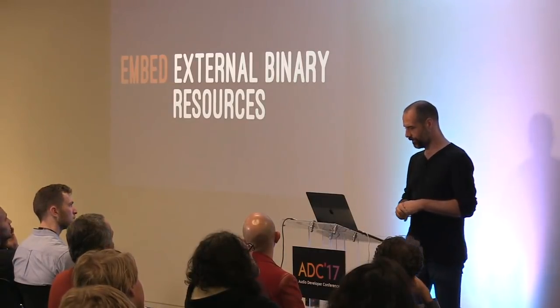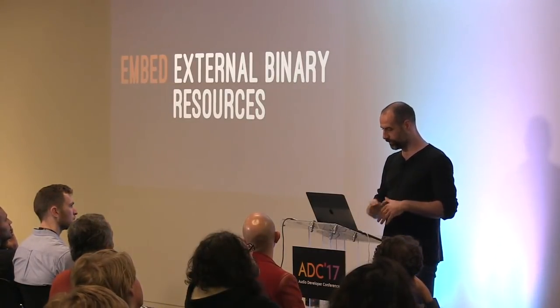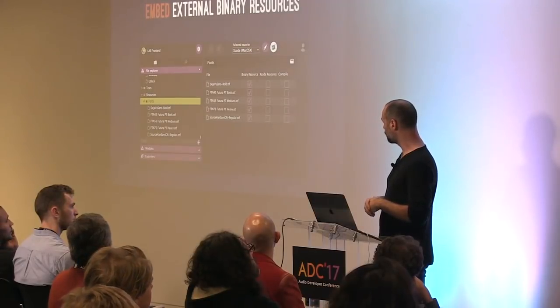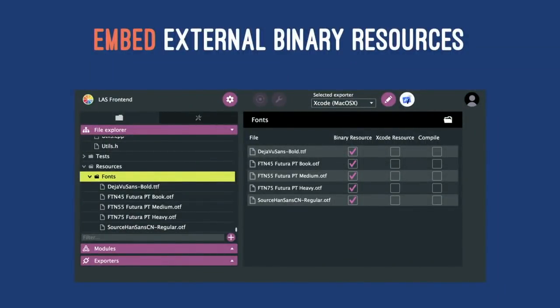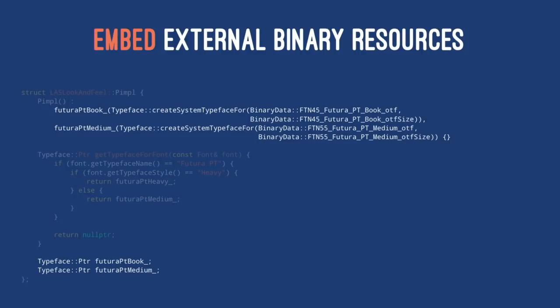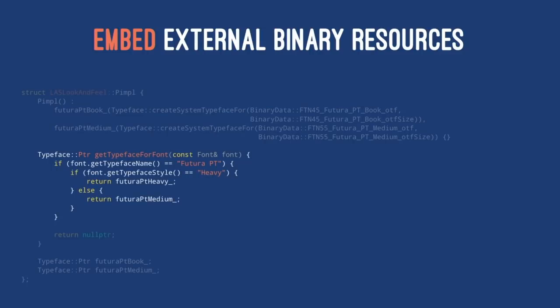The final point to make about the producer is that you can very easily embed external resources, for instance fonts, and create a dedicated look and feel for it. The advantage of that is, if you embed everything that you need, you end up with a single executable that will run everywhere.